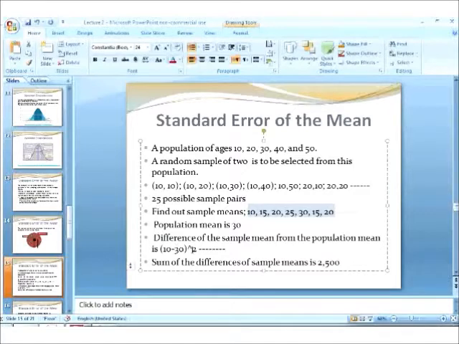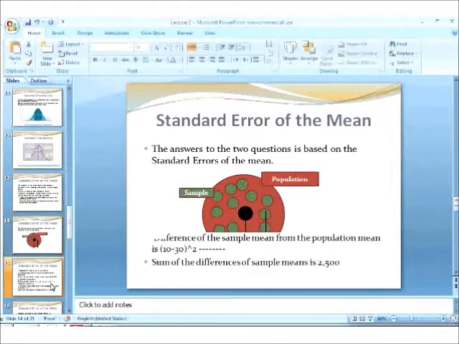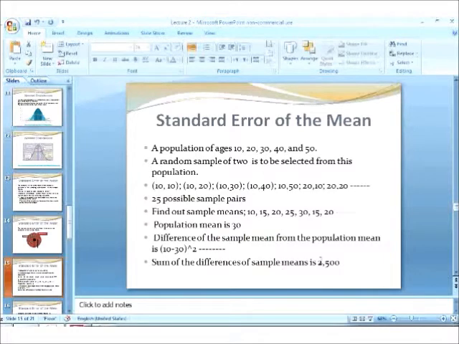So 10 minus 30 whole square, 15 minus 30 whole square, 20 minus 30 whole square, and all these. When I add all these squared differences, the sum is 2500.